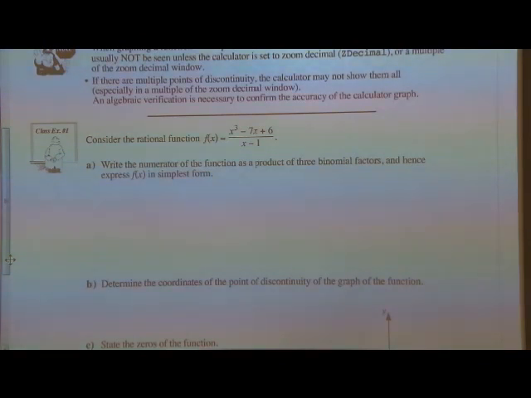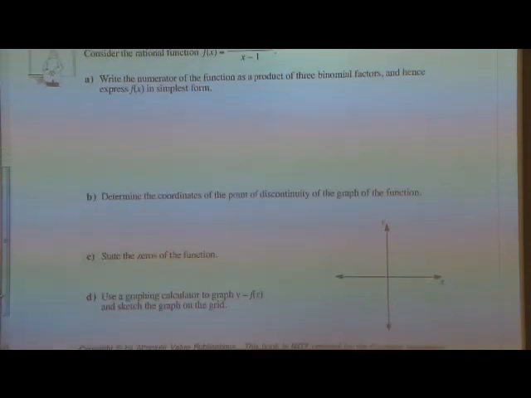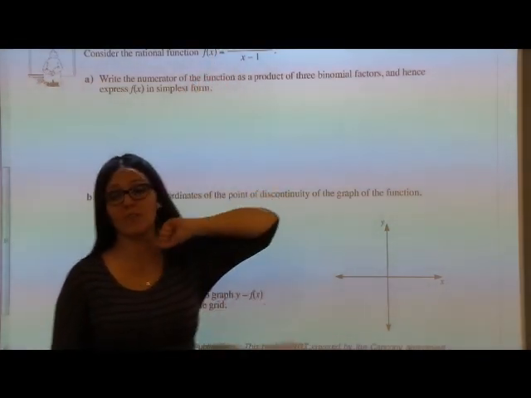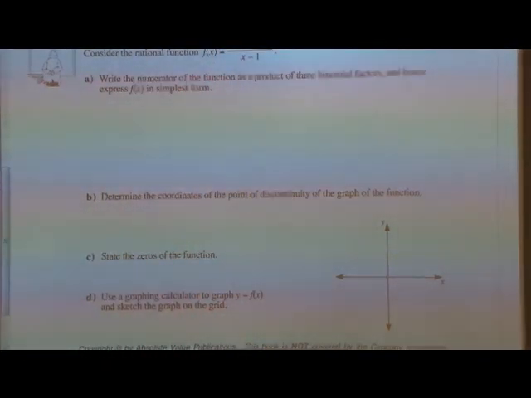So we need to factor the numerator. And because this is a third degree, how many factors can I get? 3 factors. So the degree tells me how many factors I should be able to get.